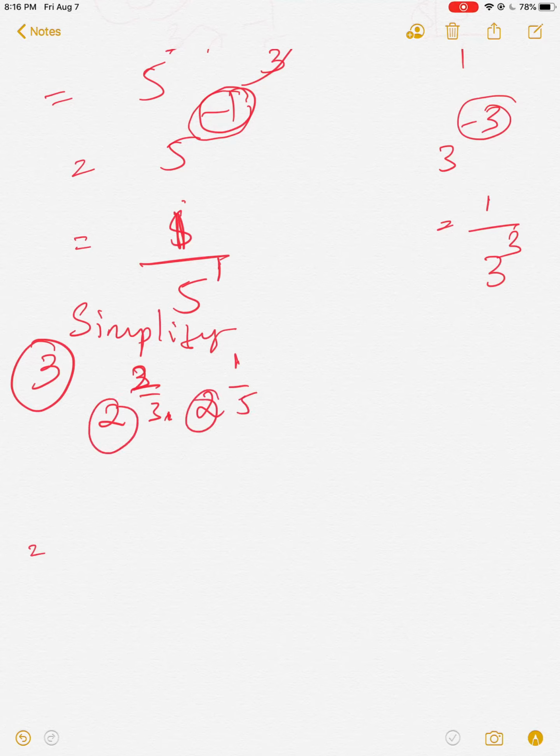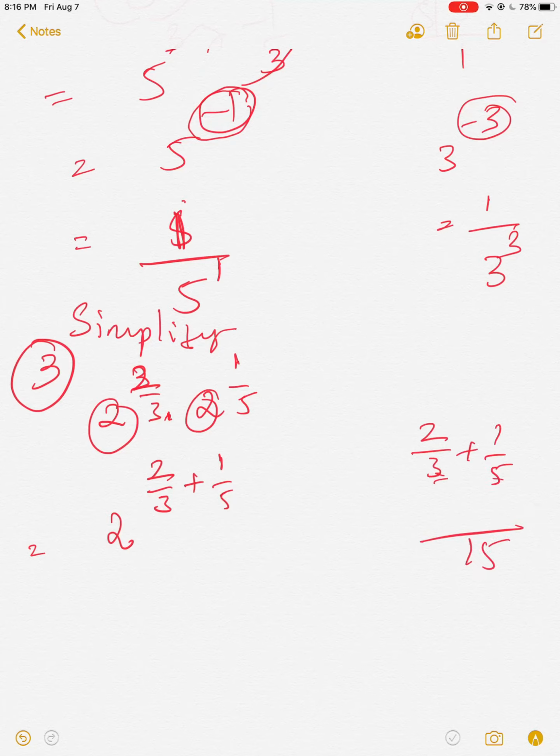Here the bases are same, so when bases are same, powers can be added. The powers are 2 upon 3 and 1 upon 5, so you have to add 2 upon 3 plus 1 upon 5.